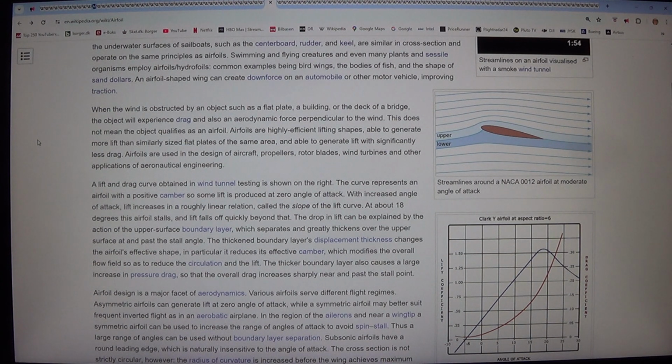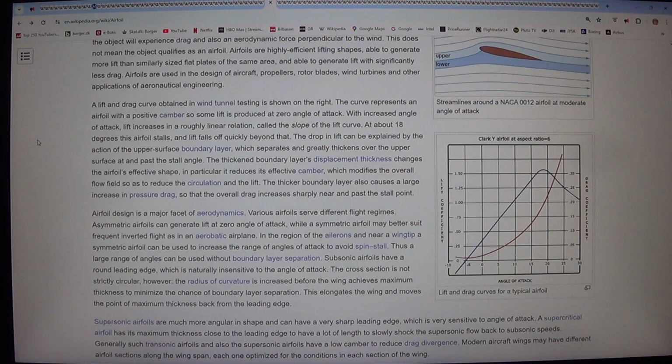Airfoils are highly efficient lifting shapes, able to generate more lift than similarly sized flat plates of the same area, and able to generate lift with significantly less drag. Airfoils are used in the design of aircraft, propellers, rotor blades, wind turbines and other applications of aeronautical engineering.